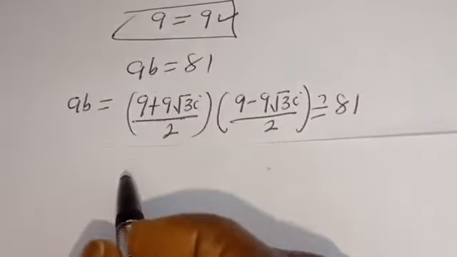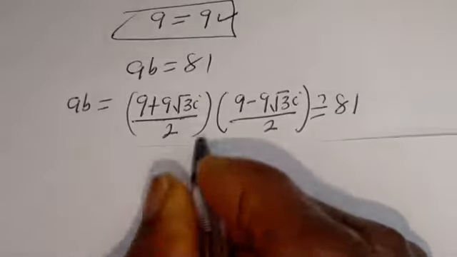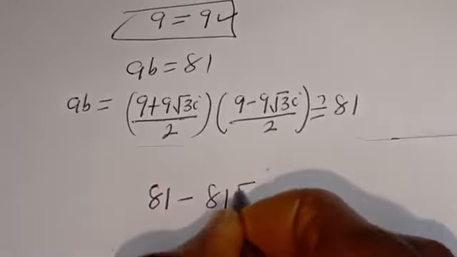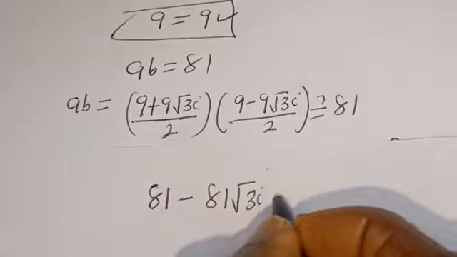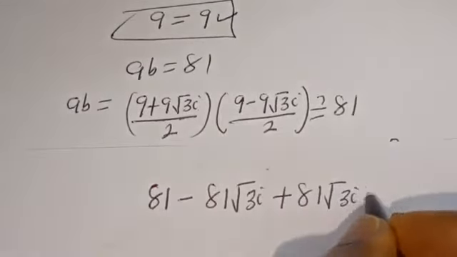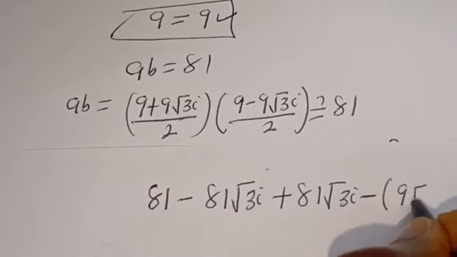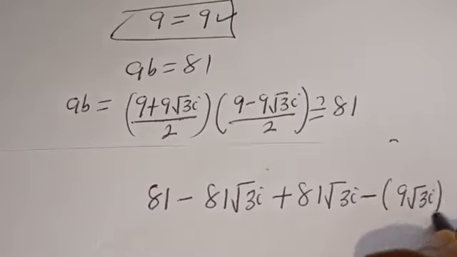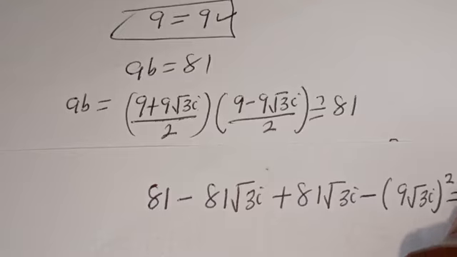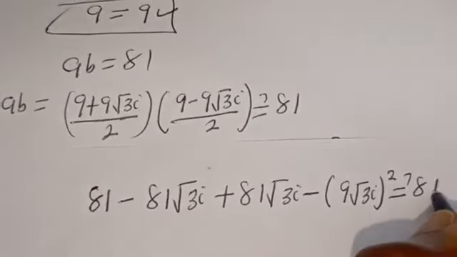Then here, we have 9 times 9. This is 81 minus 81 root 3i plus 81 root 3i minus bracket 9 root 3i square must be equal to 81.